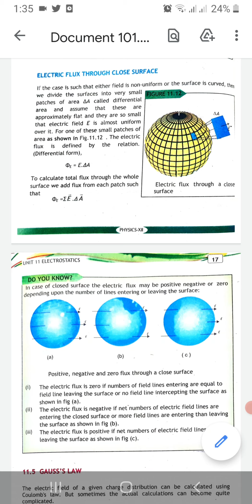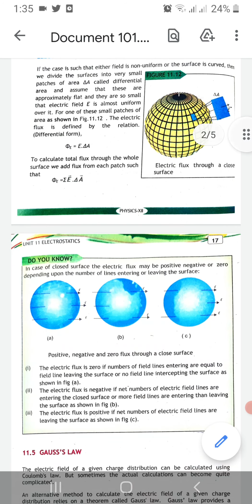This definition is applicable only under specific conditions. Here the electric field must be constant, must be uniform, and the vector area across which we are going to measure the electric field lines must be a flat surface. Then this equation is applicable, which is equal to E dot dA.